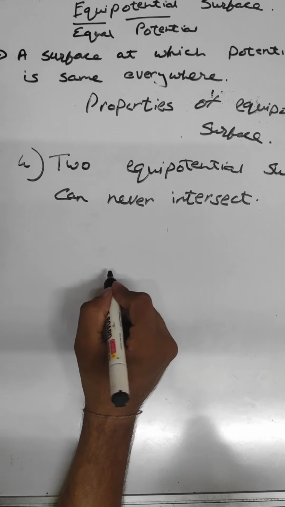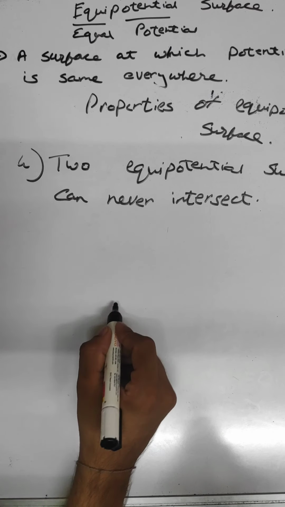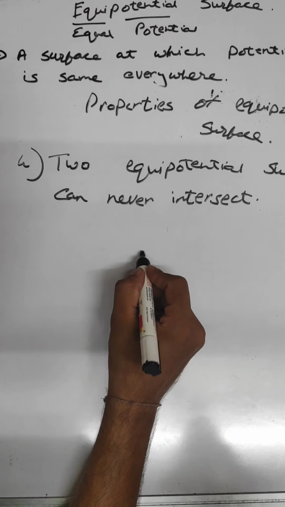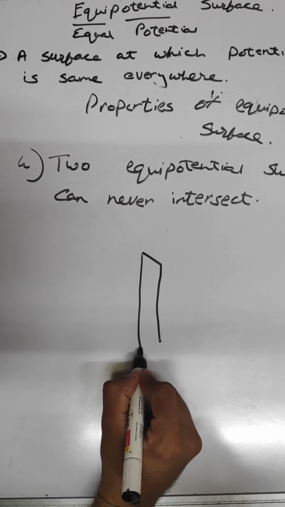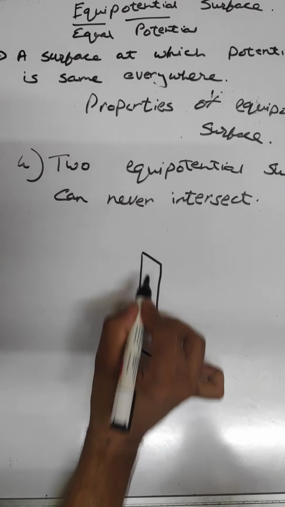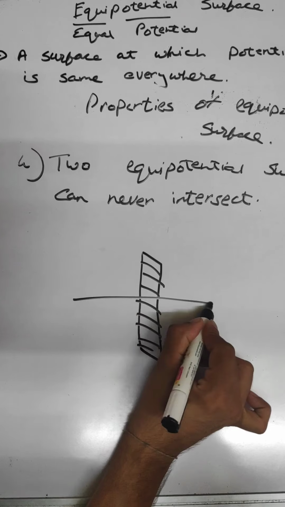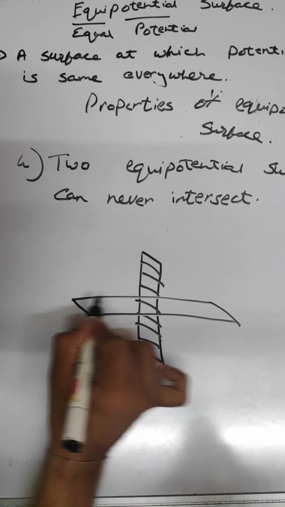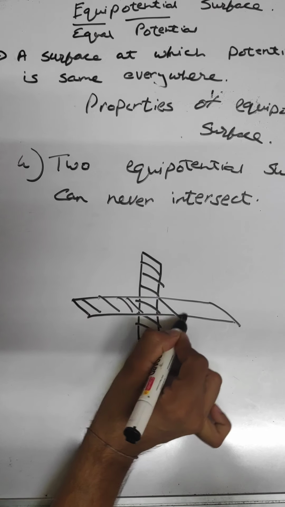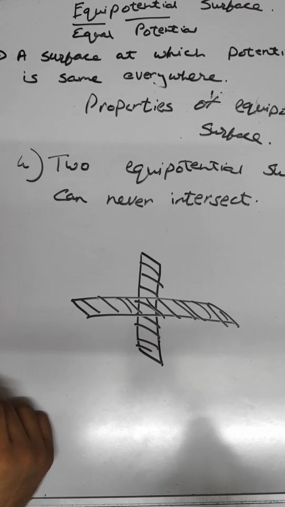Now let us assume that there are two equipotential surfaces which are intersecting each other. Suppose this is one of the surfaces, and suppose we have another surface that is intersecting with the same one. Now these two are our equipotential surfaces.